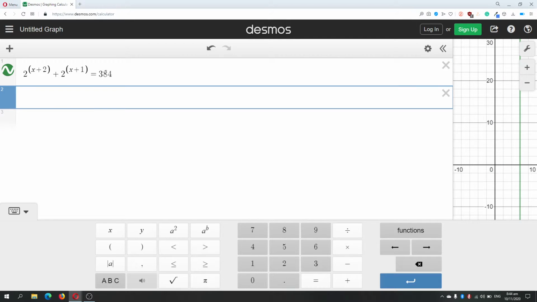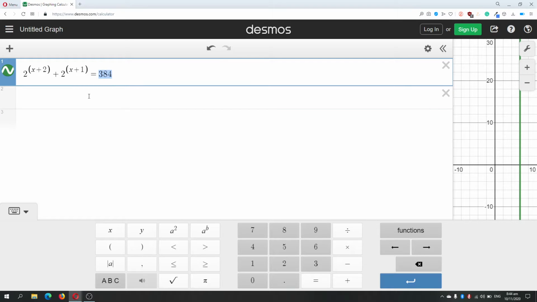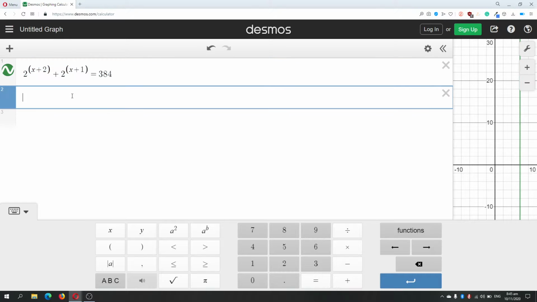If that is the case, i-express natin yung 384 as a base exponent form na ang base natin is 2, kasi parehas na siya. So, how can we do that?